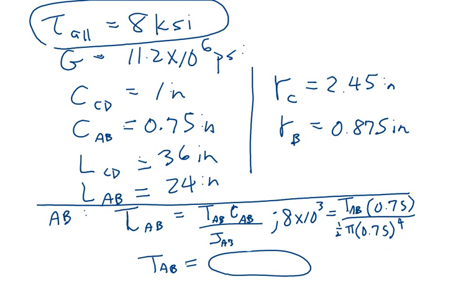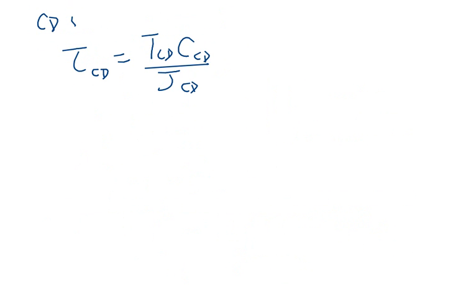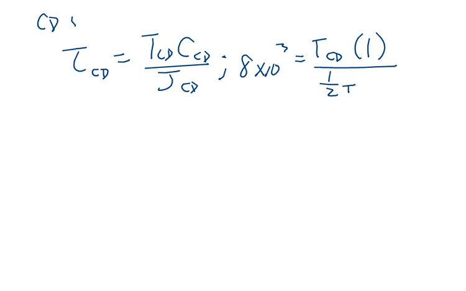All right, so for CD, you're going to have 8 KSI, that's 8 times 10 to the third, equal to torque in CD. C of CD is 1 inch. J is 1/2 pi times 1 to the fourth. And you're going to get some torque CD.